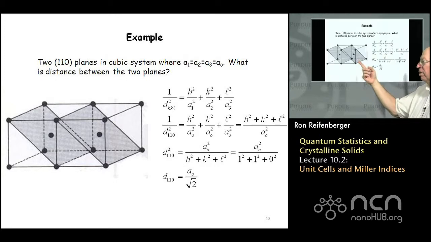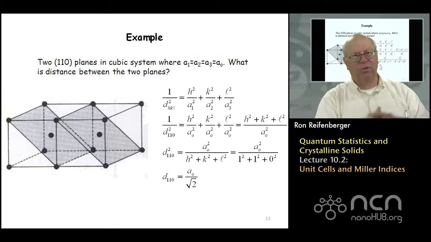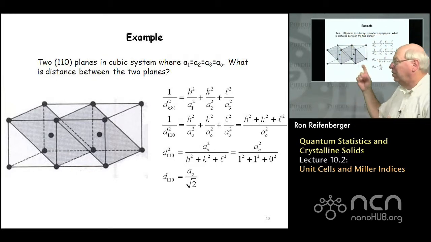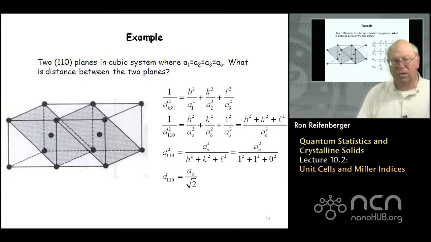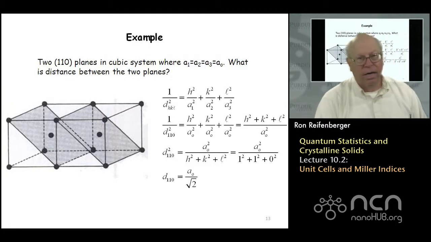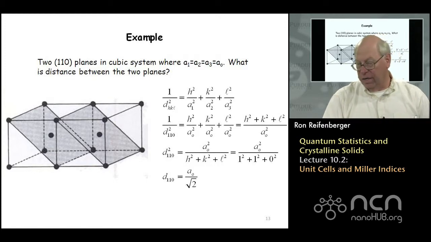If I know that the unit cell has a dimension a0, then I can work through this in a very straightforward fashion and calculate very quickly that the separation between these planes is a0 divided by the square root of 2, which is probably a number you would have anticipated knowing the geometry of cubes. But the point is, as h, k, and l get higher and more complicated, this formula still works, and you can calculate distances between planes in a very simple way.